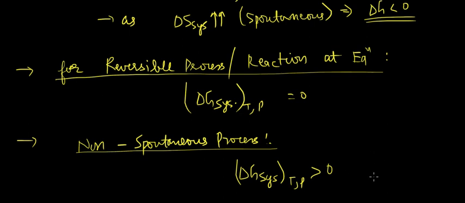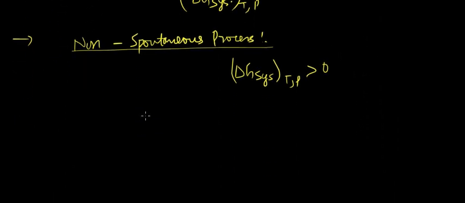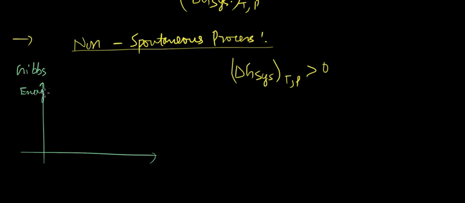Okay, so if we draw the graph of the Gibbs energy at a particular temperature and pressure, so this is Gibbs energy, we will see that it has a nature like this, and here we have the equilibrium state.